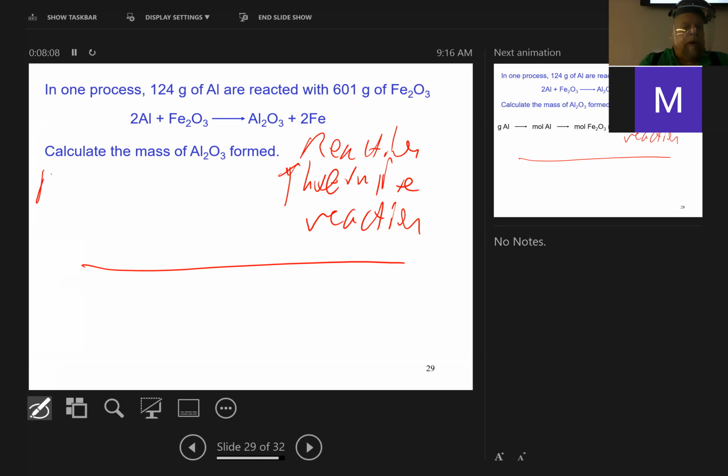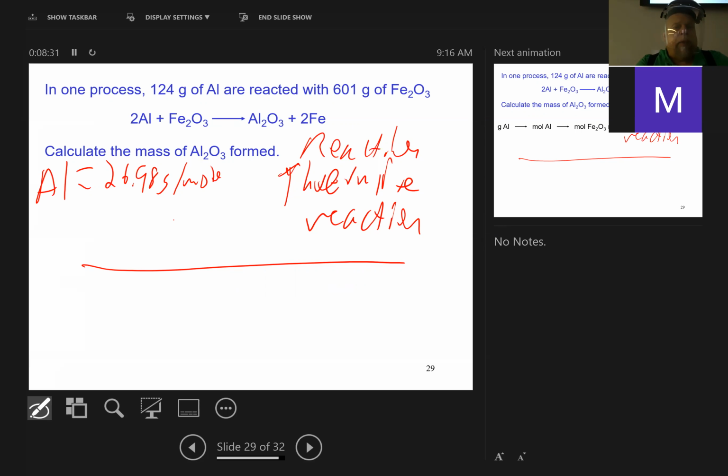Aluminum, yes. The molar mass of aluminum, and someone look at the periodic table, tell me what it is. I can't see it without my glasses. What is it? 26.98. Okay, so this is 26.98 grams per mole. So always put that in there. Now you're asked, calculate the mass of aluminum oxide formed.